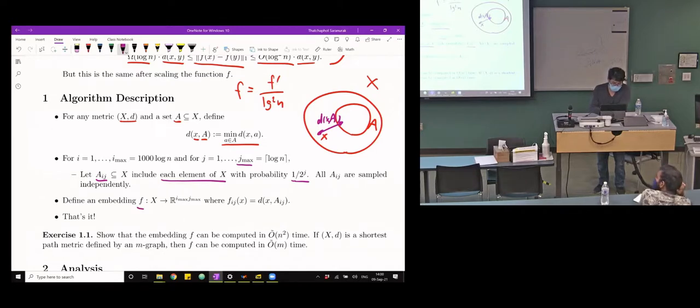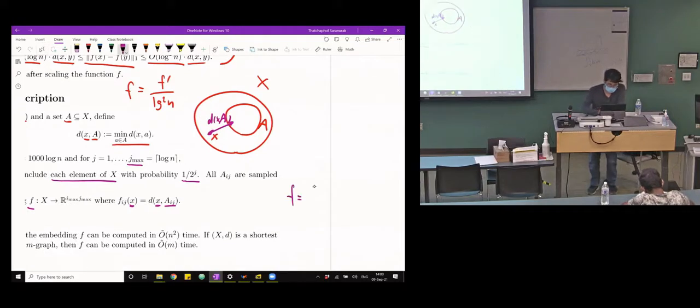Now, given all of these log squared n sets, I can create a mapping. For each point x, I just write down the distance from x to A_ij.